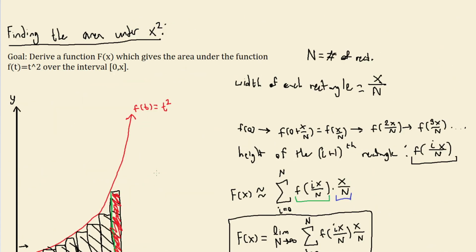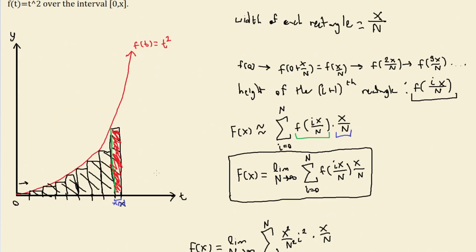Then we started exploring a situation where the area under the curve was much more difficult to calculate. It wasn't a simple triangle. We introduced the method of Riemann Sums, wherein we break up the area under the curve into several different rectangles, and we found a formula that gives us the approximate area under the curve, breaking that area up into n different rectangles and adding up the area of each one.